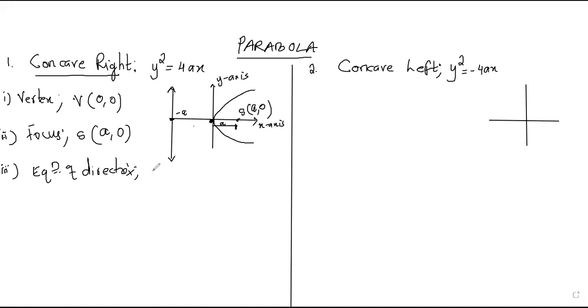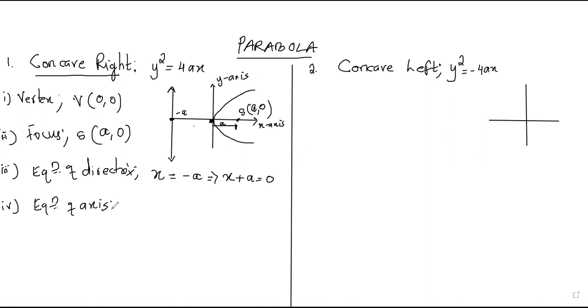So therefore, when you write the equation, we write x is equivalent to, it is passing through which point? Negative a. So the equation of the directrix is x is equal to negative a, which implies x plus a is equivalent to 0. This becomes the equation of the directrix.